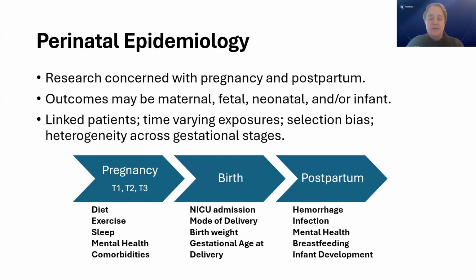We also need to account for selection bias, and there are some special types of selection bias in perinatal epidemiology that we'll talk about today. And then finally, heterogeneity across gestational stages. That's, again, important when you're thinking about exposures during pregnancy. And here is just thinking of pregnancy. We often think of that in trimesters 1, 2, and 3.